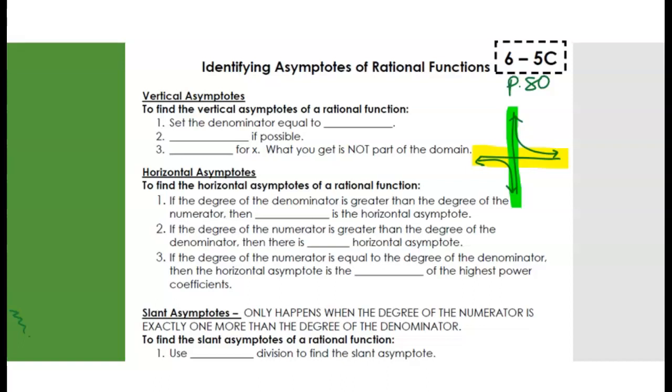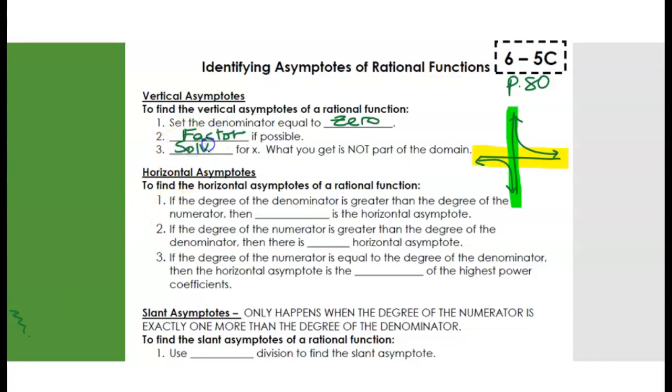So in order to find vertical asymptotes, the first thing you want to do is set the denominator equal to 0. You can fill that in. Set the denominator equal to 0. Factor if possible, and solve for x. Good.